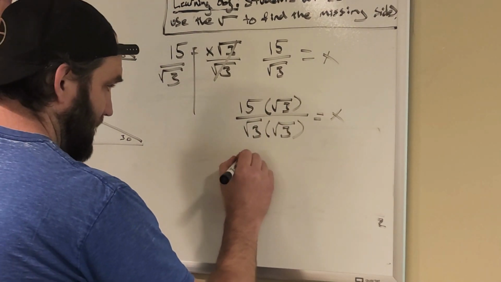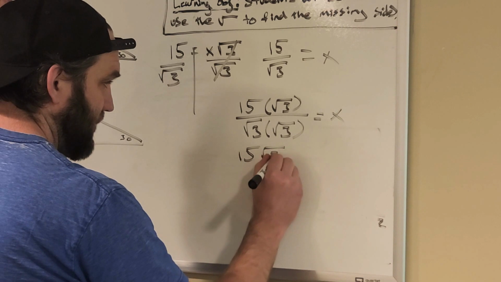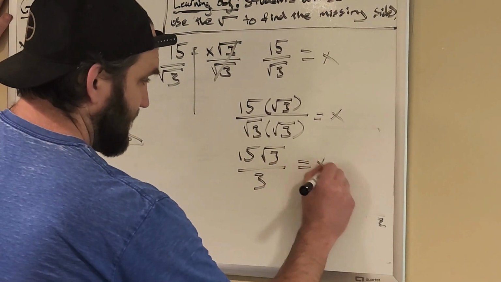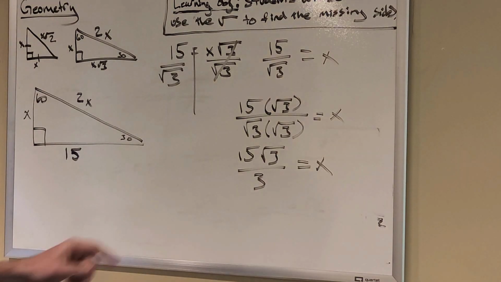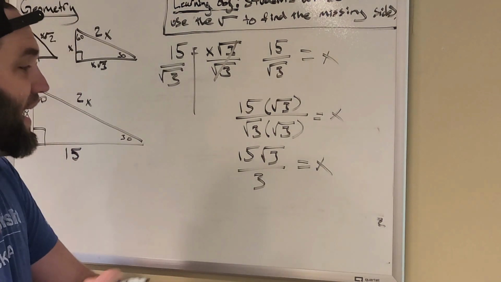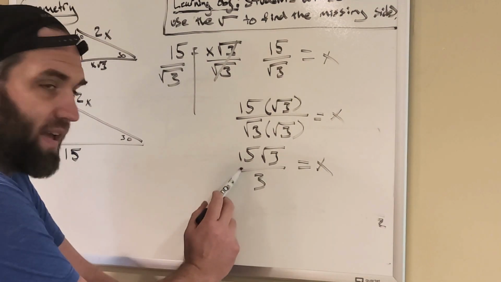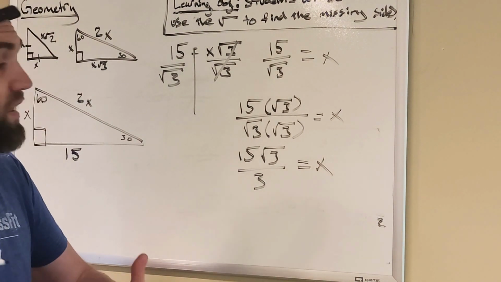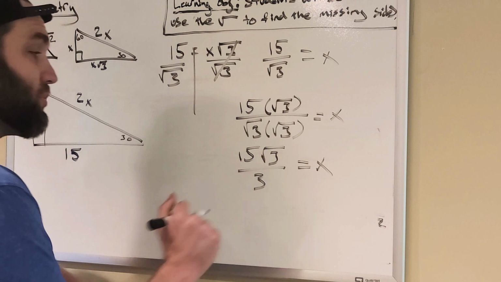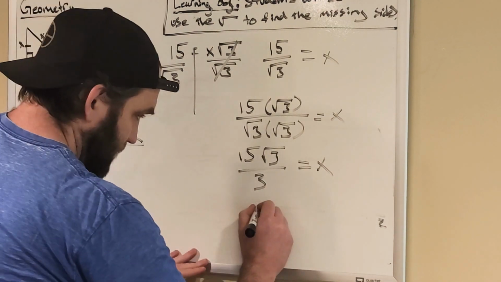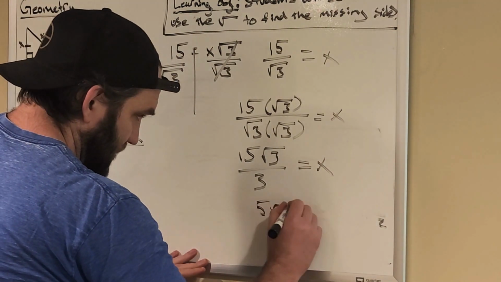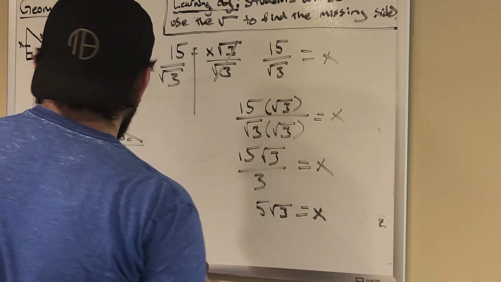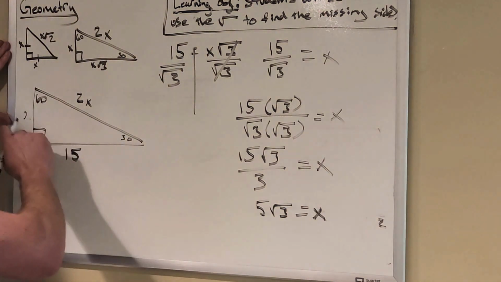I'm left with 15 square root 3 over 3 equal to x, because the square root of 3 times the square root of 3 is just 3. Now, I can simplify here. 15 divided by 3 is 5. So I'm left with 5 square root 3 equal to my x value. Great. Let's put that over here for my x.